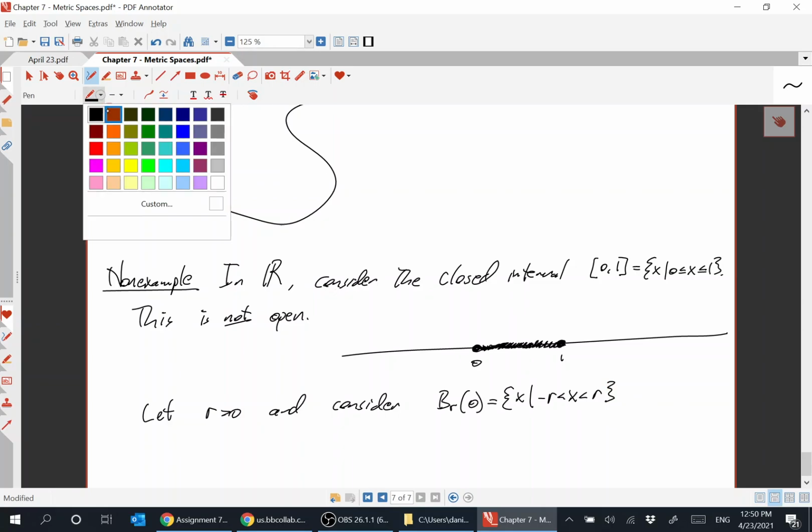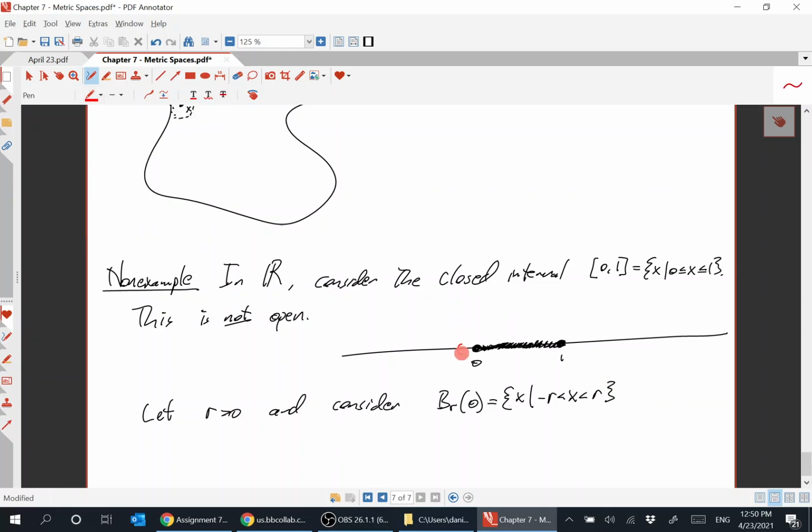So the ball is actually the open interval from minus r to r. This notation is really misleading here. Here's minus r and here's r. Is that a subset of the interval from 0 to 1? No, absolutely not.